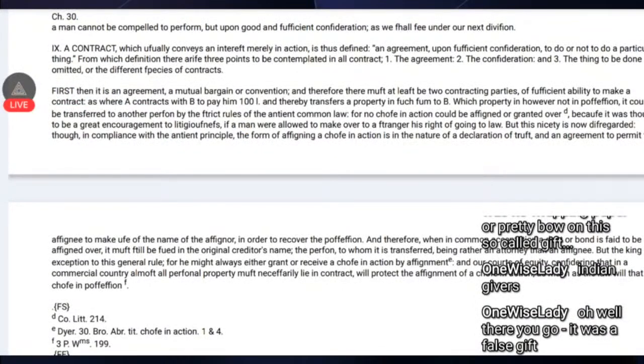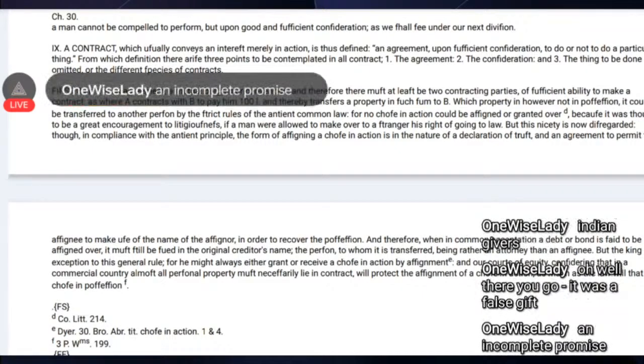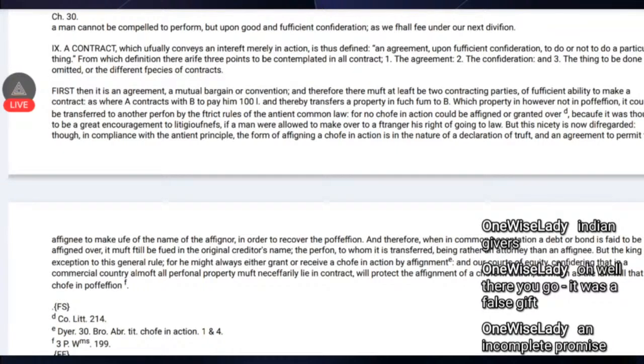First, then, it is an agreement, a mutual bargain or convention, and therefore there must at least be two contracting parties of sufficient ability to make a contract, as where A contracts with B to pay him a sum of money, and thereby transfers a property in such sum to B, which property is however not in possession, it could not be transferred to another person by the strict rules of the ancient common law.